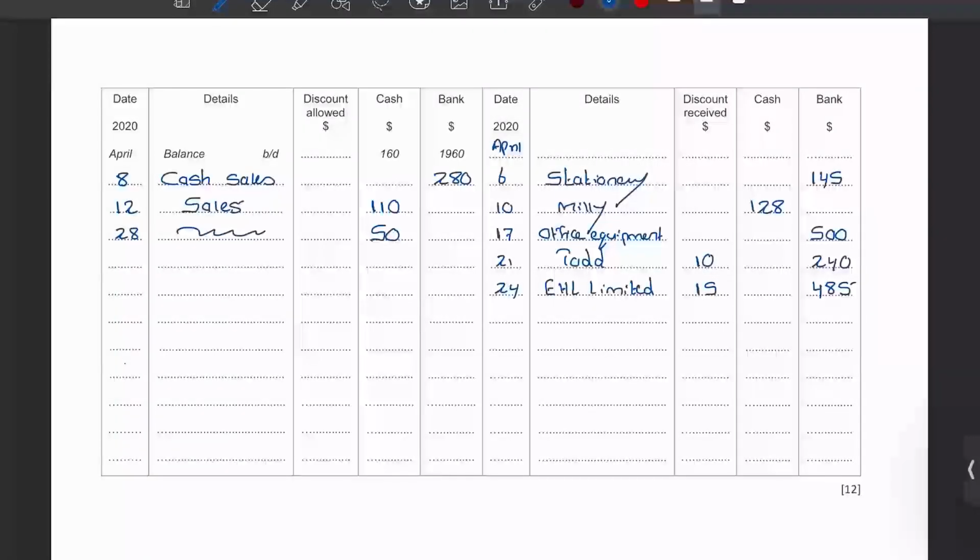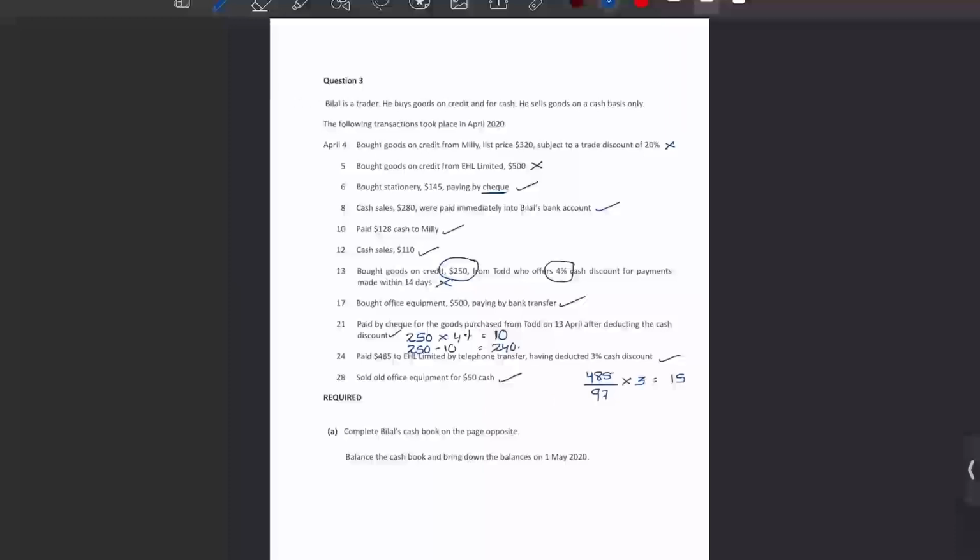Disposal. Whenever you sell a non-current asset, remember you have to use the word disposal. So disposal over here, which is going to be 50. That's it. Those are the only information provided to you.